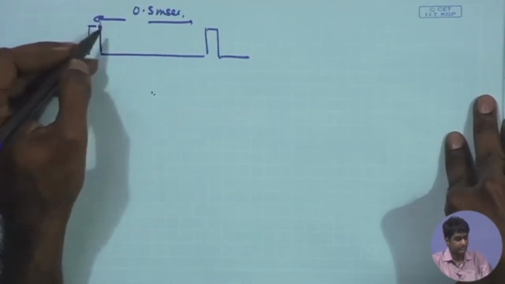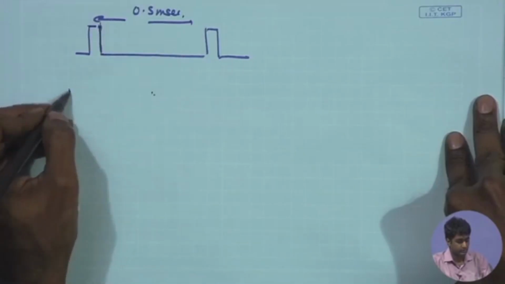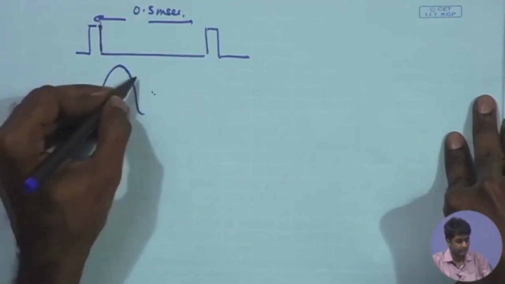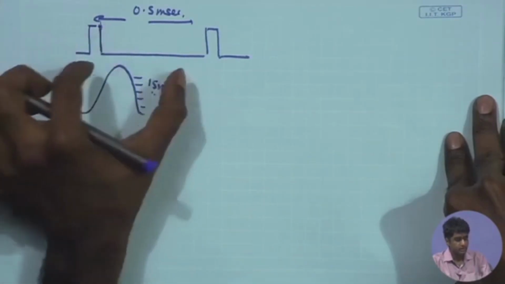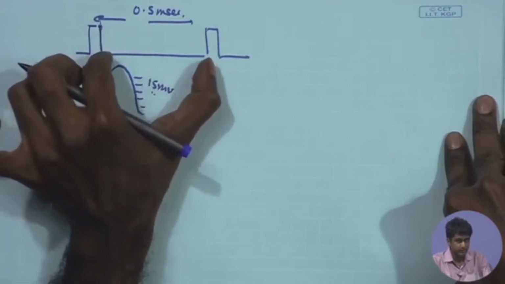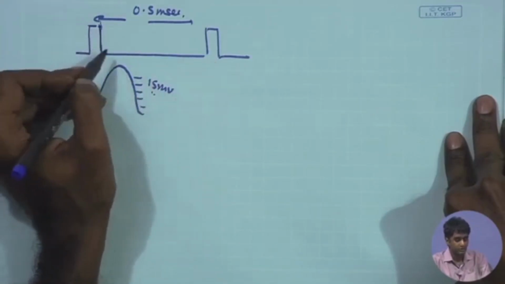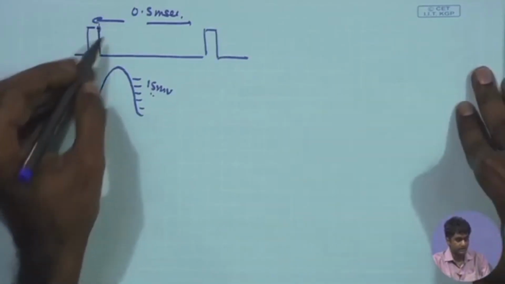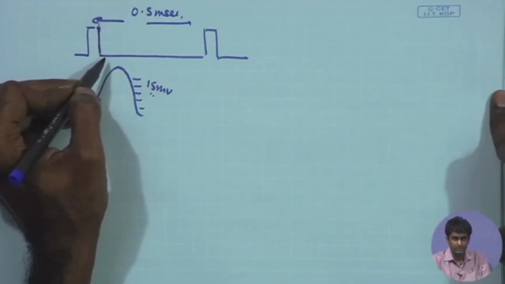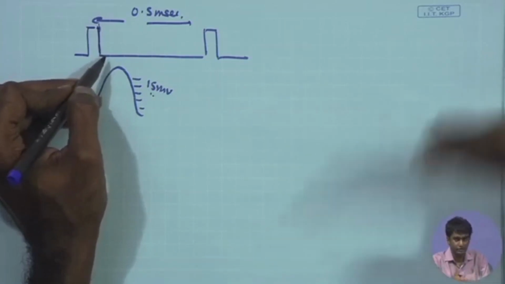Once again, we are dividing the entire signal level into 15 millivolt segments, and then mapping it into this duration of 0.5 millisecond. Remember that the on duration of the comparator, that is, as long as the comparator is high, means the reference capacitor is being charged, and the high duration of the comparator determines the magnitude of the signal.